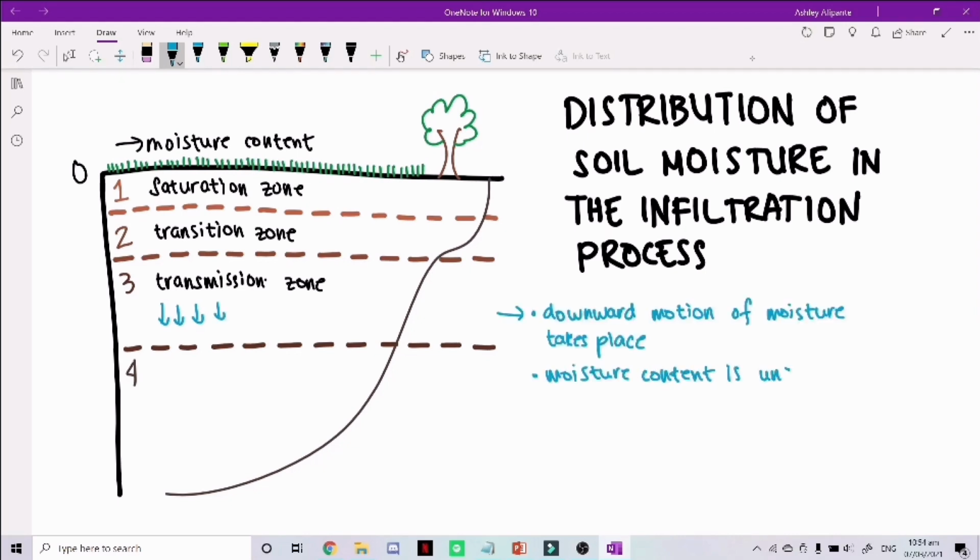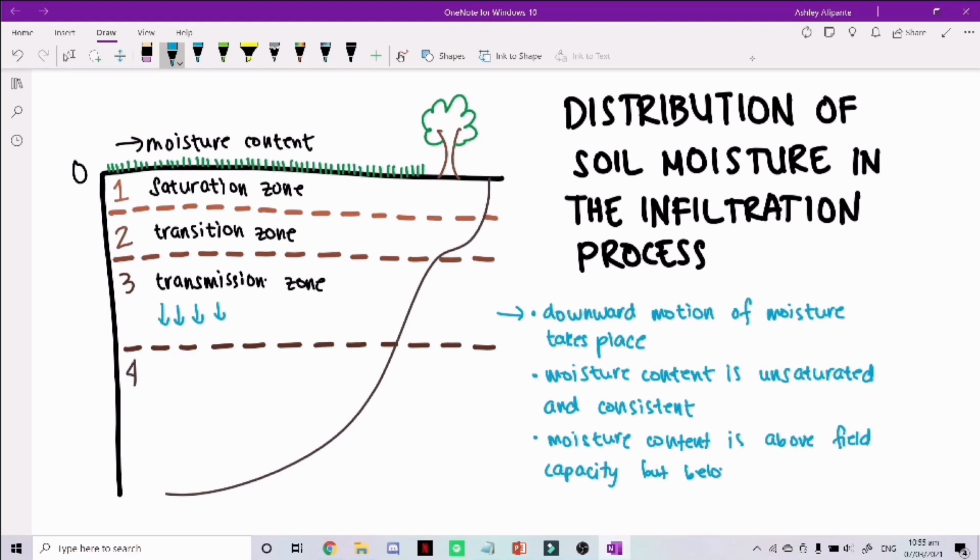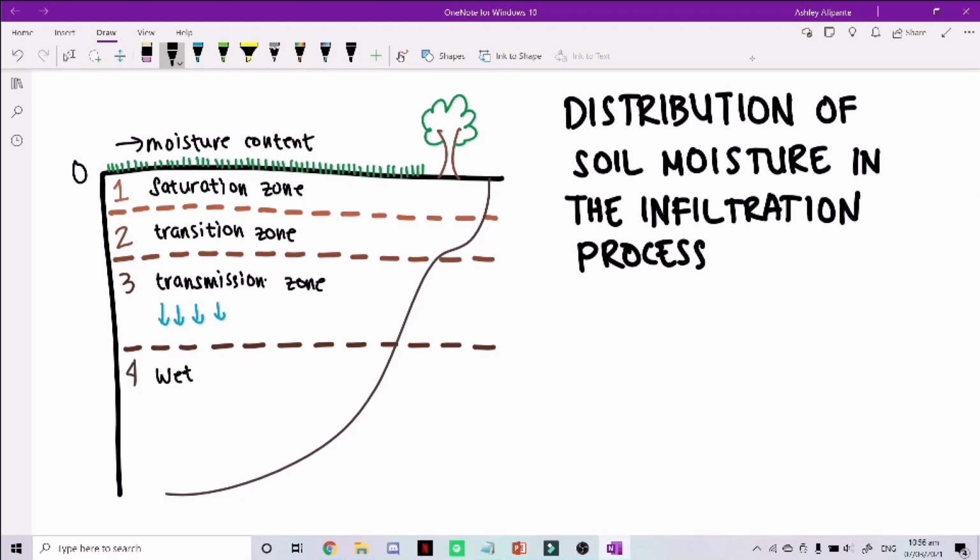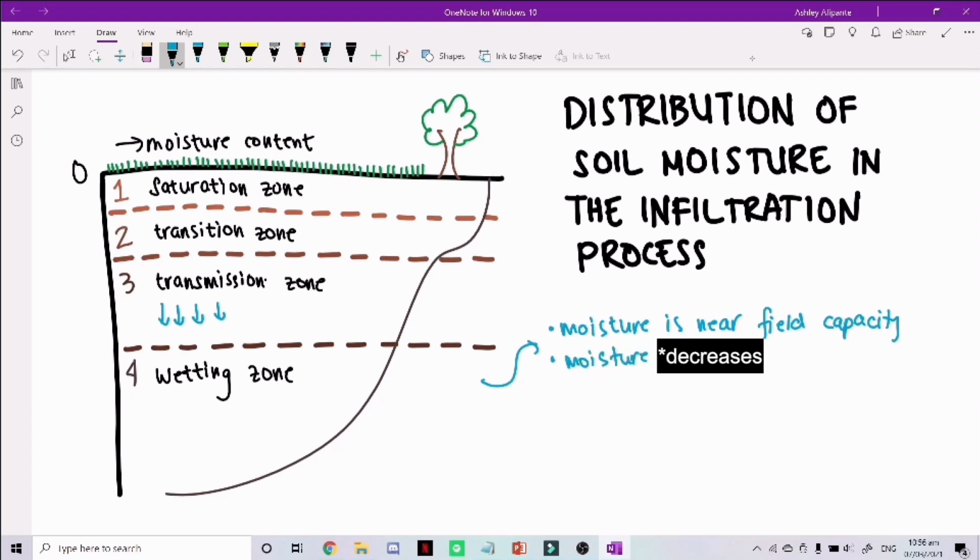Sa zone na to, unsaturated at consistent ang moisture content, wherein ang moisture content is above field capacity but below saturation. Ang last zone naman is called the wetting zone, kung saan ang moisture ng soil dito ay near field capacity at bumababa ang moisture content habang lumalalim.